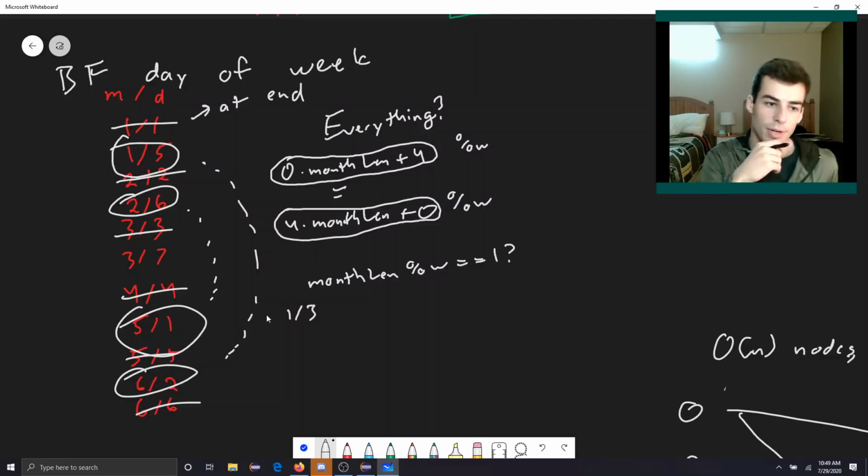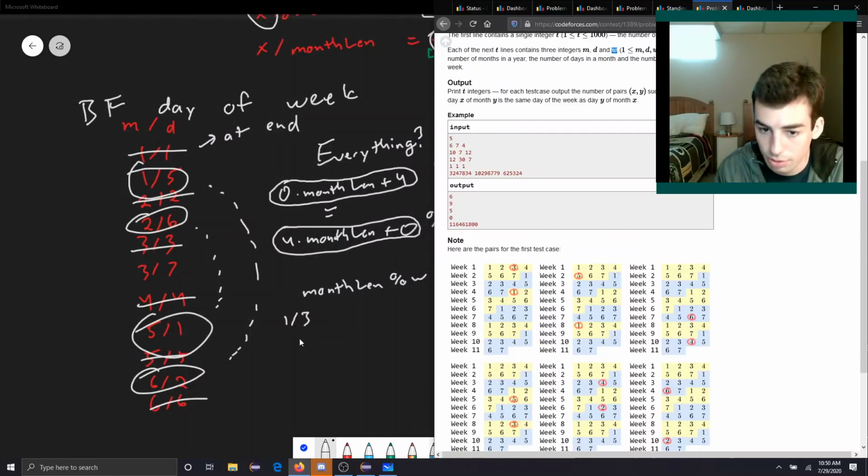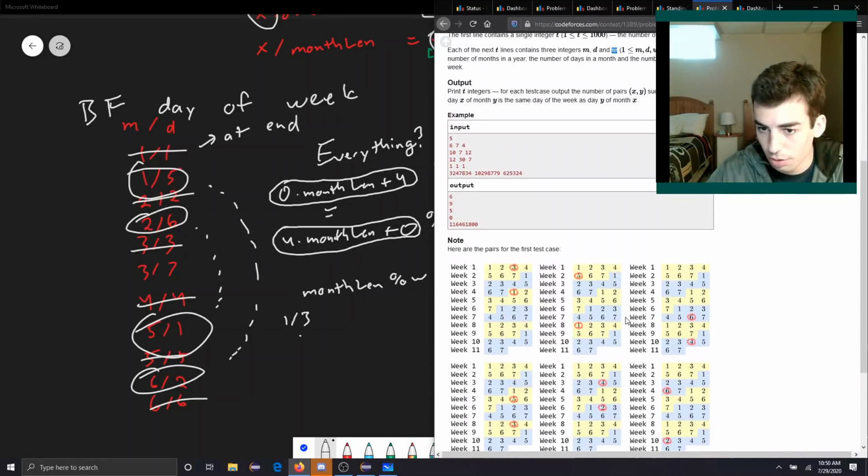So maybe the better idea is to look at all pairs and see which pairs work. So, well, there is 1, 3. So I guess what pairs work? 1, 3 works. 1, 2 does not work. Why does 1, 2 not work? It's 2's in the wrong column. All right, 1, 5 works.